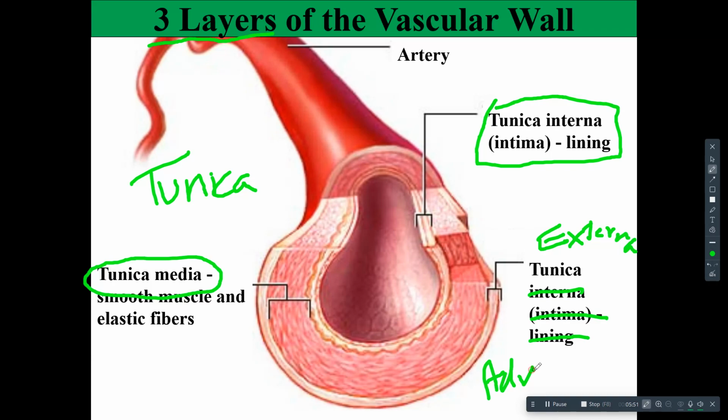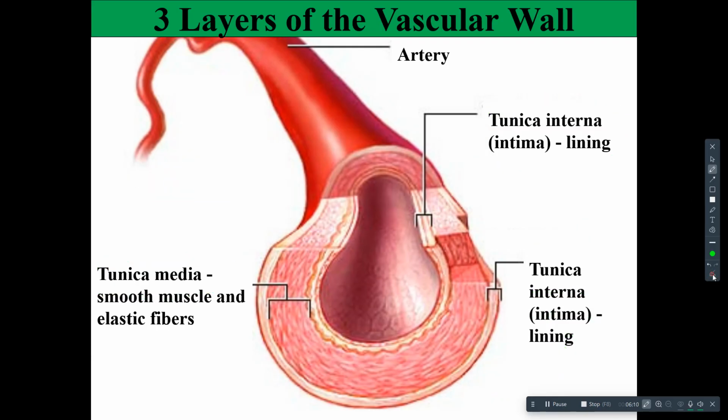So the outer layer is the externa. That totally makes sense. External, right? The inner layer is the interna. That totally makes sense because that's internal. And the middle layer is the media. Media literally means middle. So, always making perfect sense in anatomy class. Love the way that works.